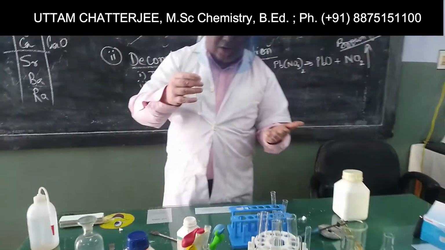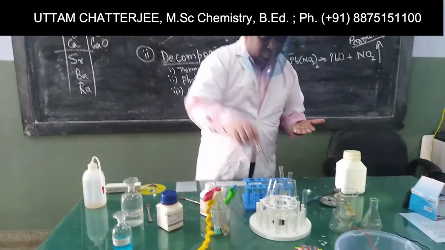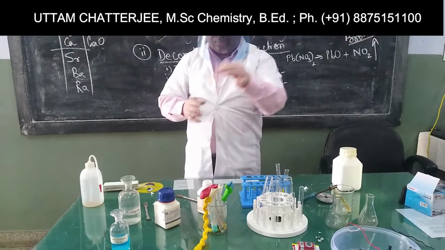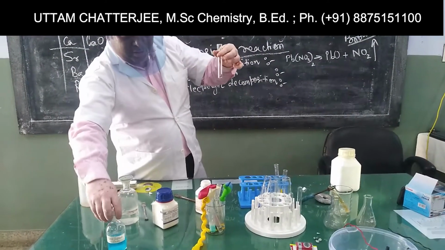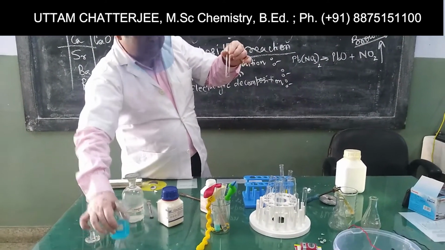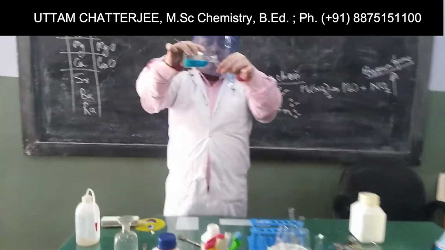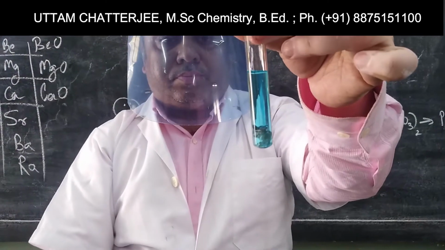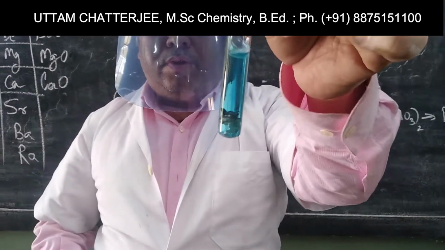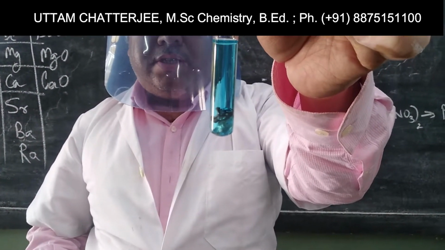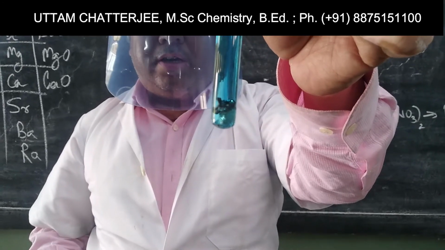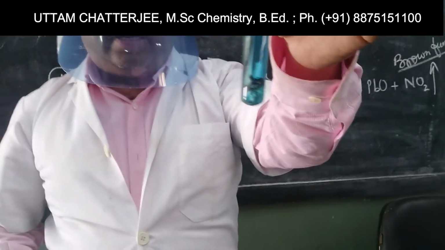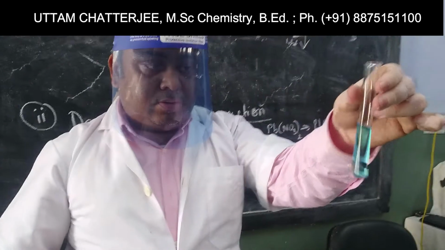Now I will put this in a test tube, and in this test tube I am putting copper sulfate solution. We will find that slowly this zinc will convert itself into a brown colored substance, meaning copper will start getting deposited on it.